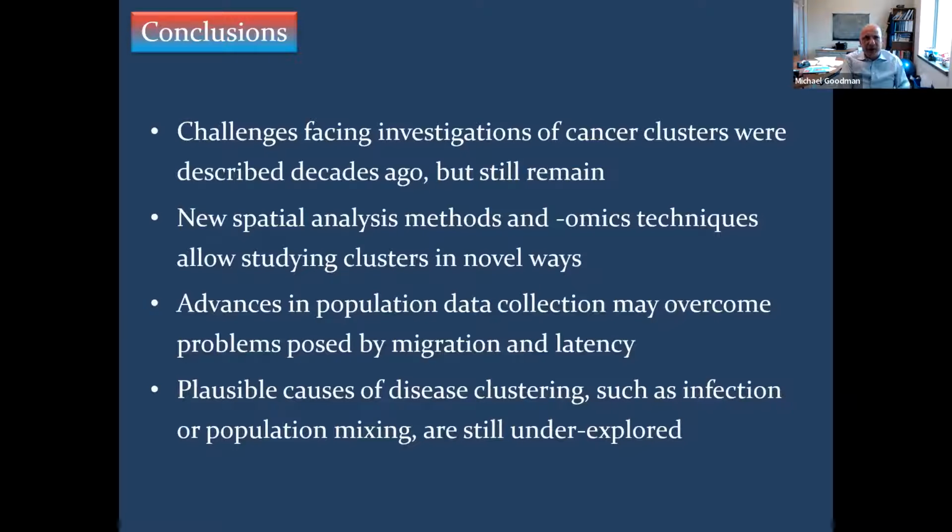The other thing is that our population data toolbox is filling up with new tools, and Nexus is one example where you can attempt to reconstruct not only present but past residential histories. And as I mentioned, there may be underexplored hypotheses that have been off the radar for many people who follow this issue. And with that, I'm ready to stop. I think my talk ended up being really shorter than I thought, but that's okay.